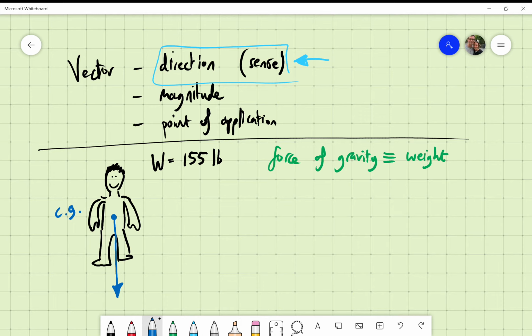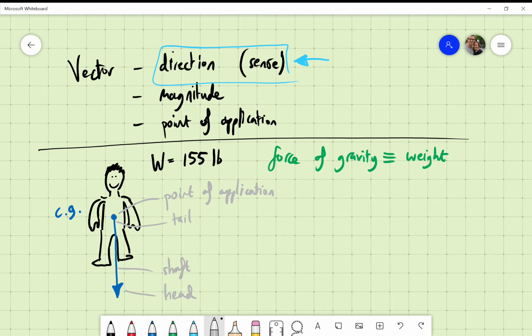We have a few things here that the book mentions. Let me switch colors. So, like we said, we have the point of application. You can draw that with just a little tiny dot if you need to show that. This is also called the tail of the vector. This part here is called the shaft, and this part here is called the head.